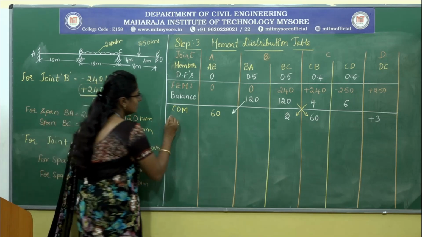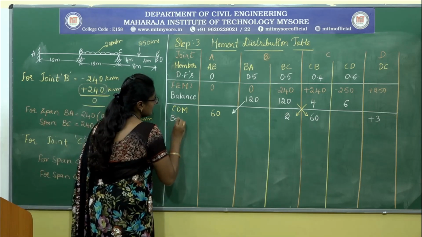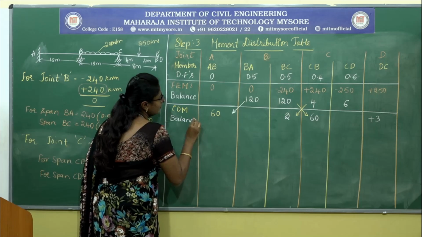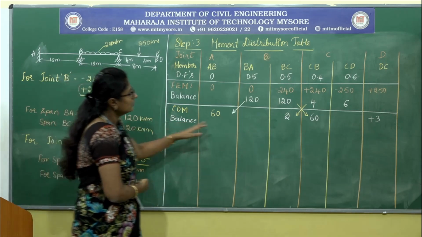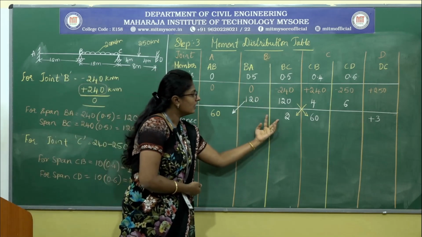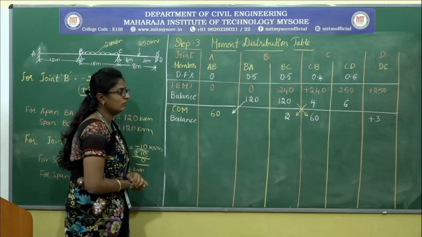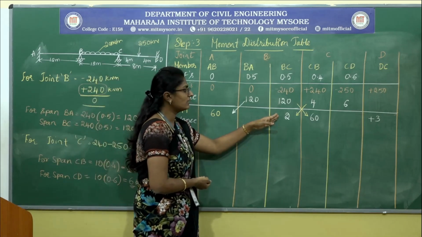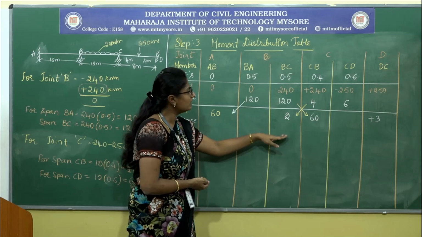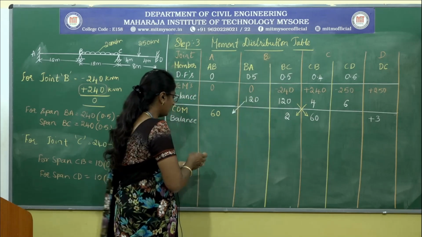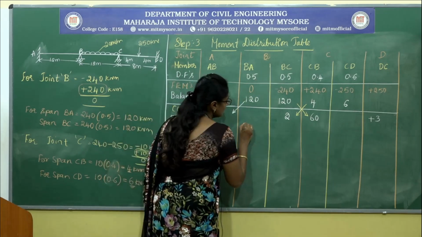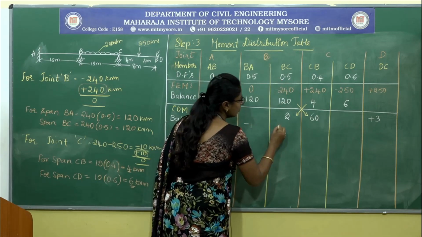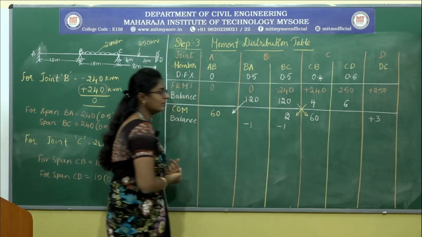So let us continue. The next step is the balancing step. For joint B, the unbalanced moment is +2. To balance this, we have to consider -2. So -2 multiplied by 0.5 will give you -1. Even here it is 0.5, it is -1.